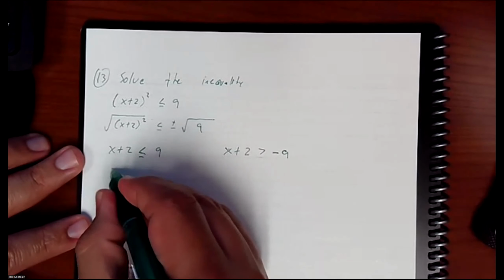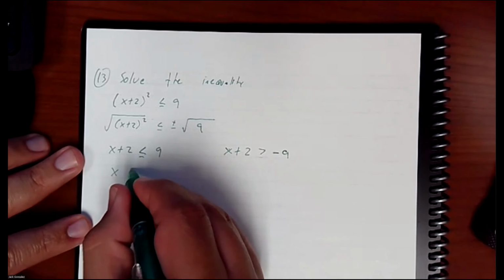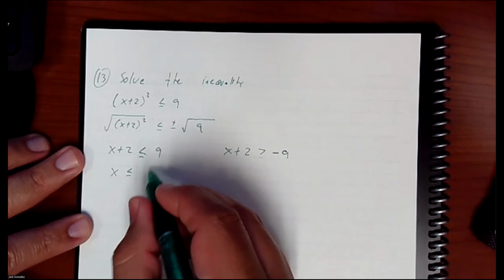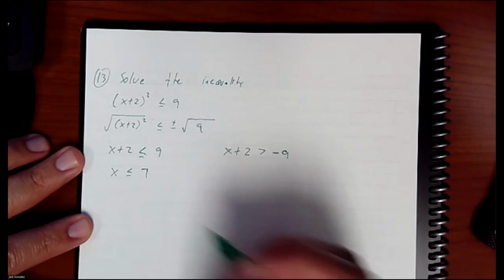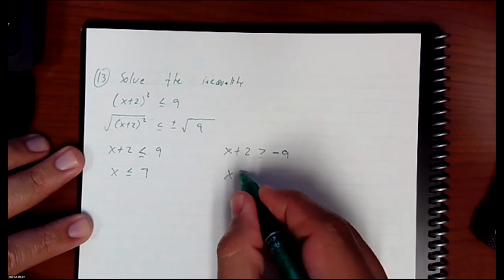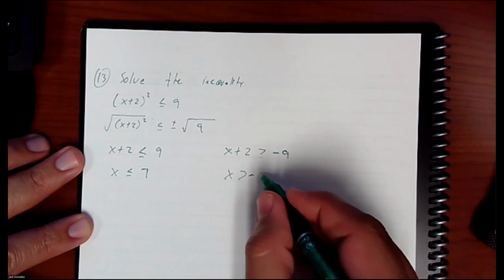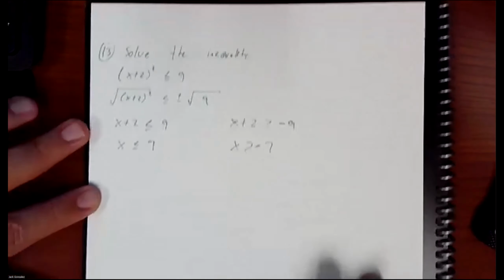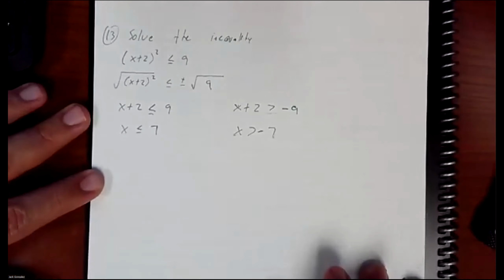You'll solve right here, x would be less than or equal to 7. X would be greater than -7. So put this together, right? Here's -7. Here's 7.